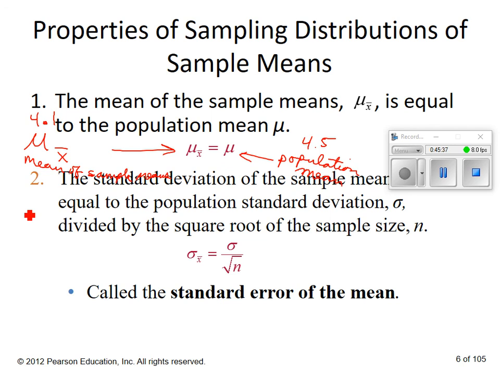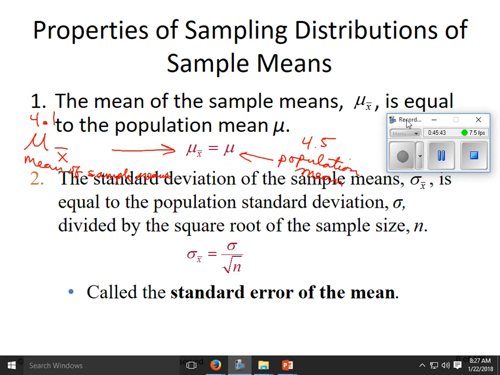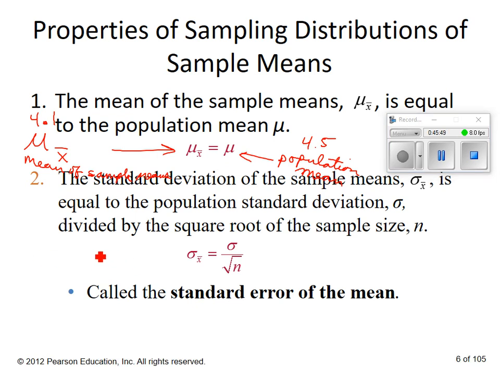Can you read that, or do I need to erase my stuff? I'll give you a second to write that down. This formula right here is important because you're going to have to use it a bunch. The means are going to be the same, but the standard deviation is not going to be the same.